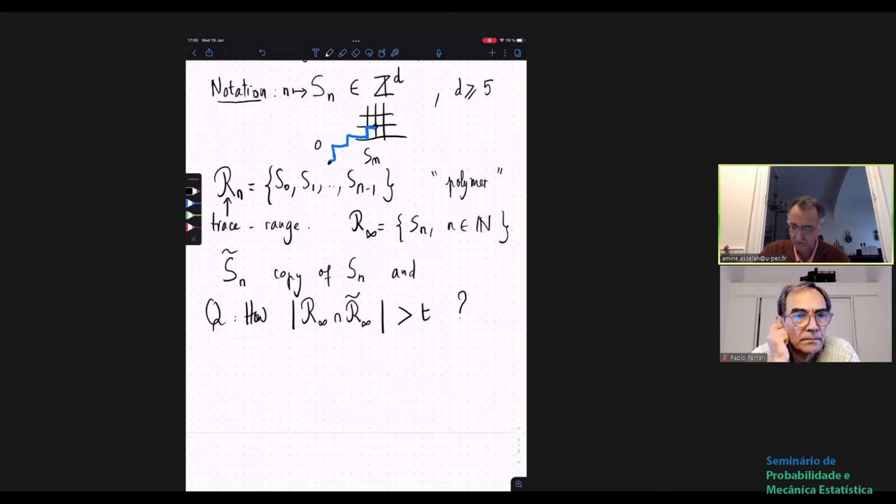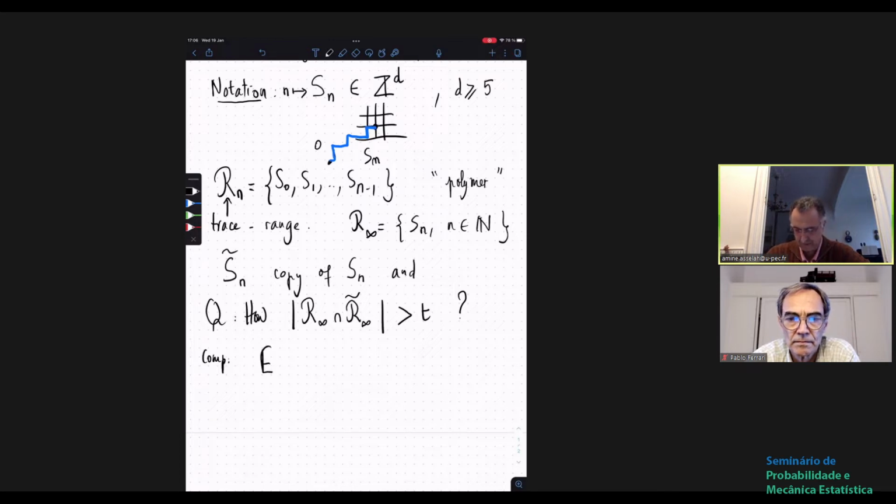That's the question. I want to estimate the tail of this event, as t goes to infinity, and the scenarios. And this makes sense only in dimension larger or equal to 5, just because the expected value of this intersection is finite only in dimension 5 and more. So let me do the simple computation so that everybody is convinced.